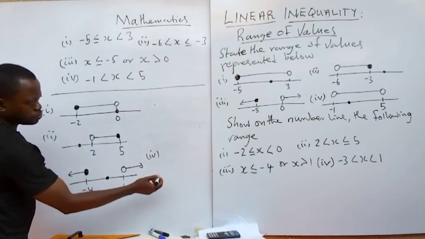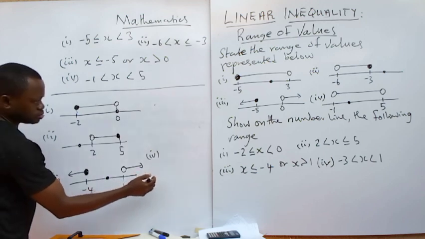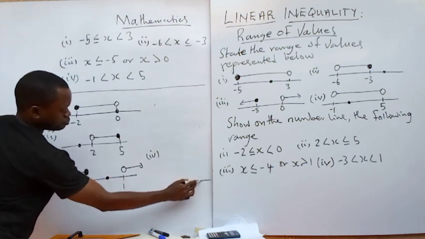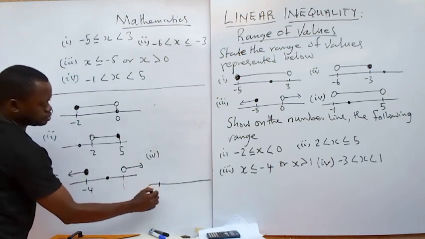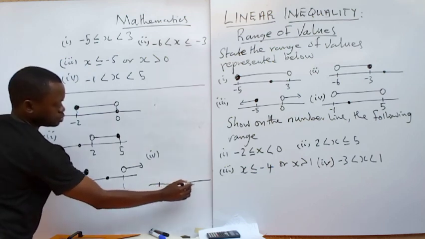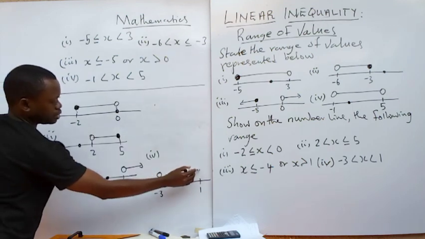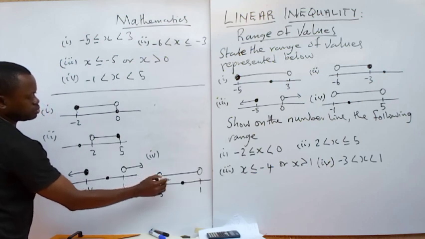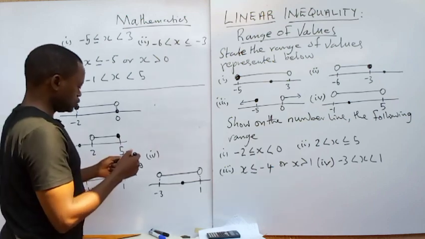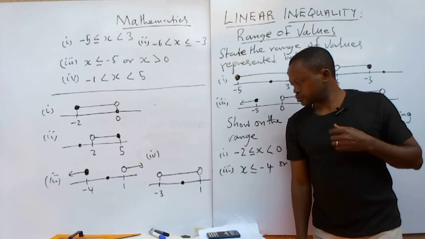The next we have here is -3 less than x less than 1. If I have my real number line, and here is -3, and here is my 0, and here is my 1, this will be open and here will be open as well. The implication is that these ends are not inclusive, as I have explained before.